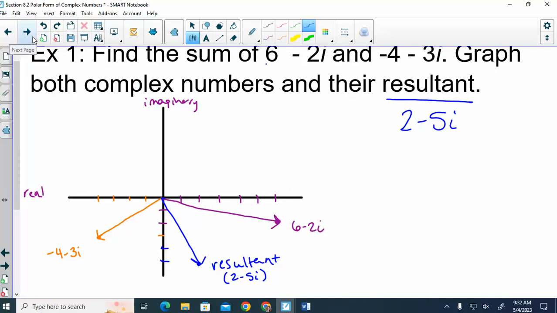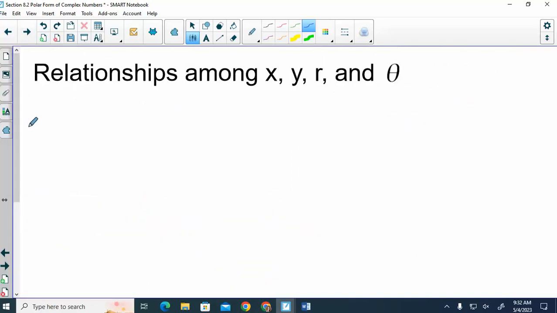Now, we have seen x's, y's, r's, and thetas all throughout trig, right? And we see all of these same things when we are talking about our vectors and our polar form. So keep in mind a fact that we have used before: if you take x divided by r, which trig function is x over r?